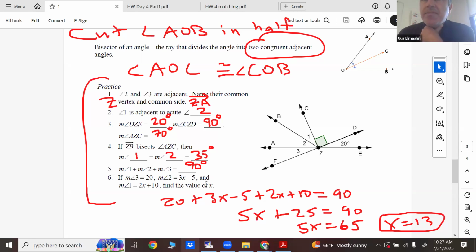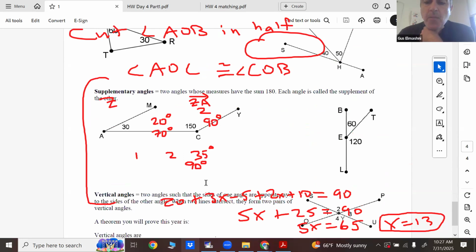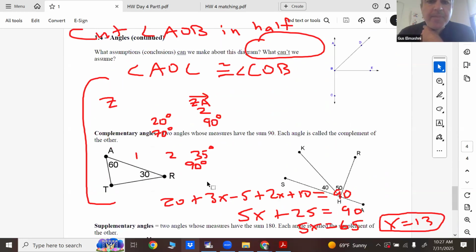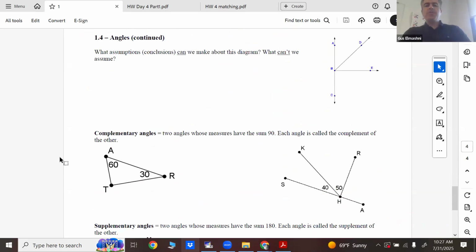Okay, questions? All right, let's keep moving. I got one more page and we'll do some delta math. Okay. What assumptions can we make about this diagram? What can't we assume? No, we can't. Actually, we can't assume that.